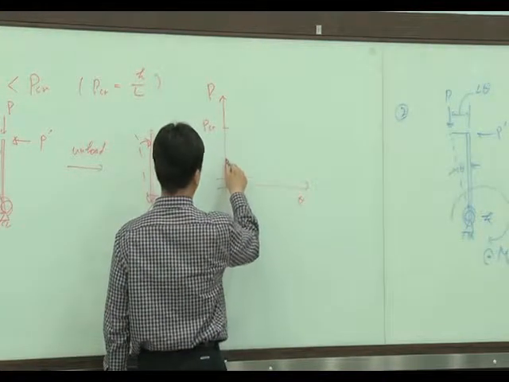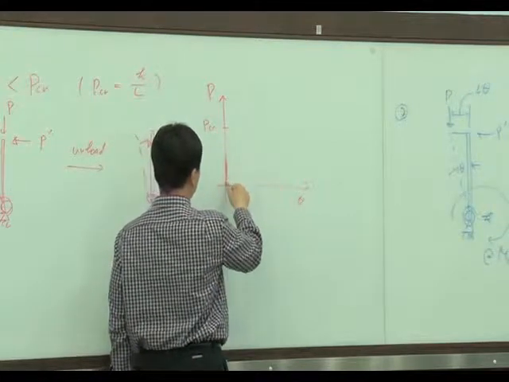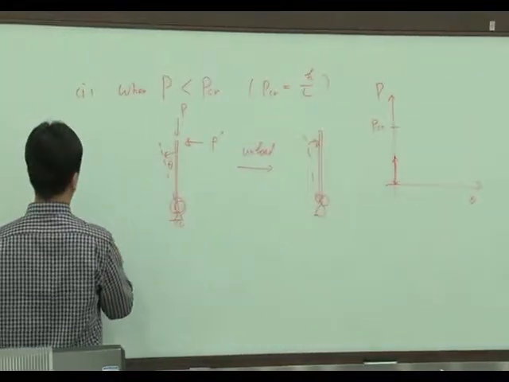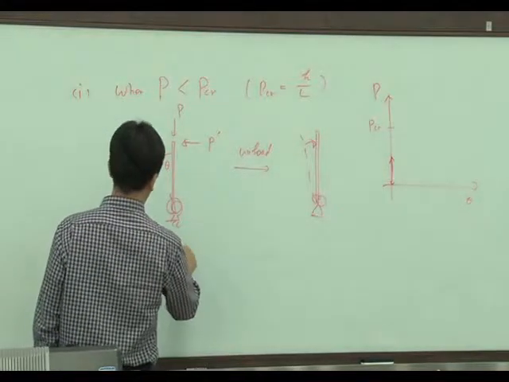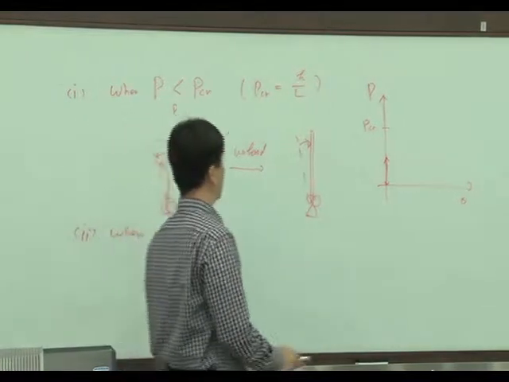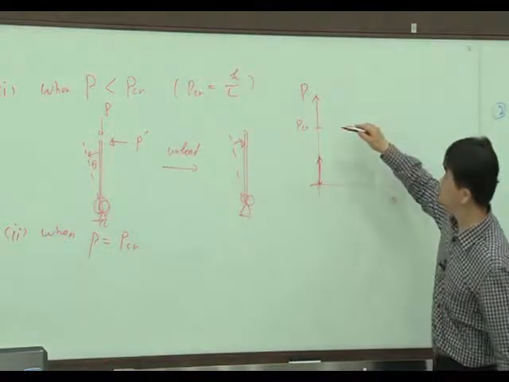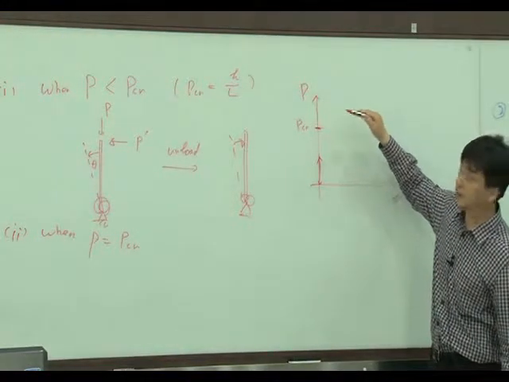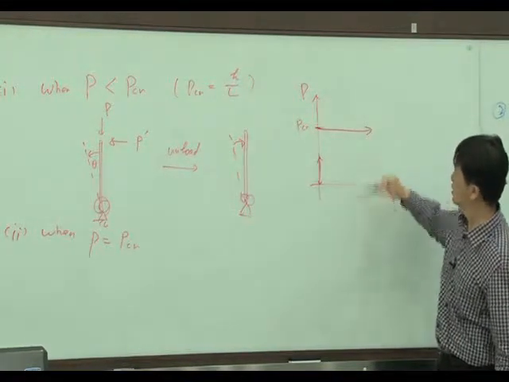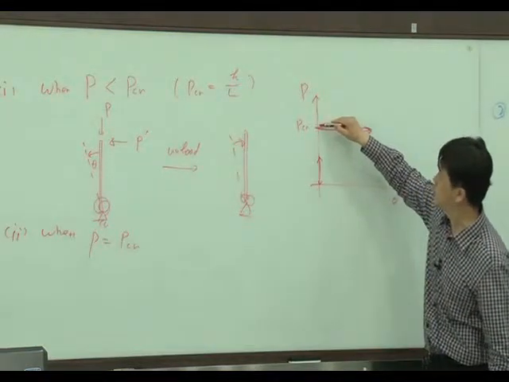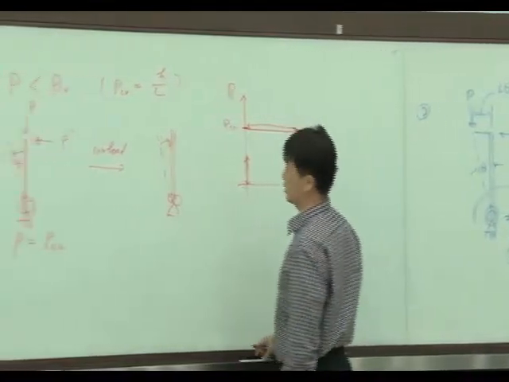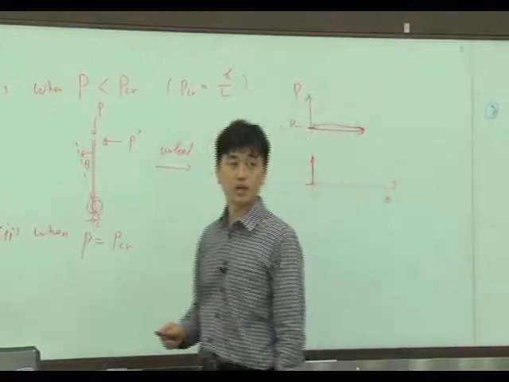If we load, it goes this way, and if we unload, it goes back. And the second case, when P equals PCR, what happens? If P equals PCR here, if I load P, it will go this way, and unload, it will go back also.